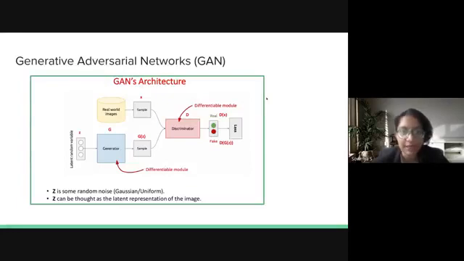Now, this is the architecture. So, you have real world images or text of which you take a sample and you feed it to the discriminator. On the other side, you have a generator which will generate the sample. Now, the discriminator here is going to decide whether this is real or fake, in the sense whether they are similar or dissimilar, quite similar to the Siamese network we had seen last class.